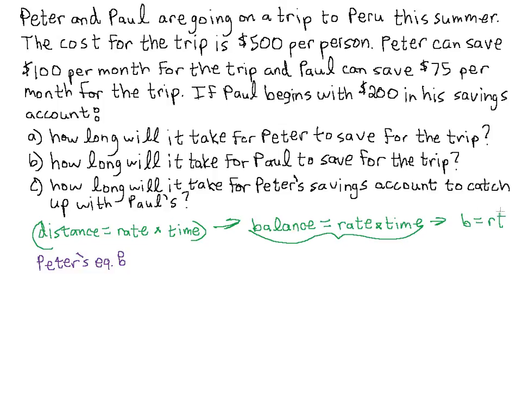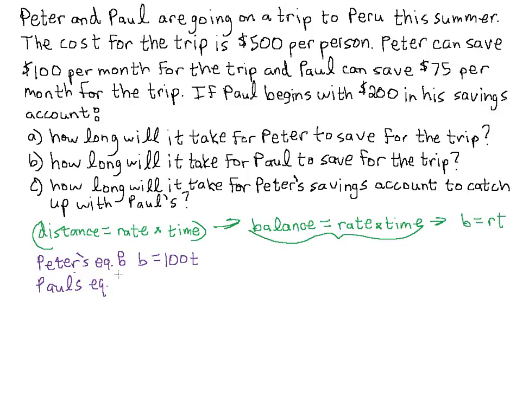If we define T, our time, in months, then his balance equals 100 times T. He's saving $100 per month, which is the rate, and T equals time, which is going to be given in months. So this is the equation for Peter's account balance: B equals 100T.